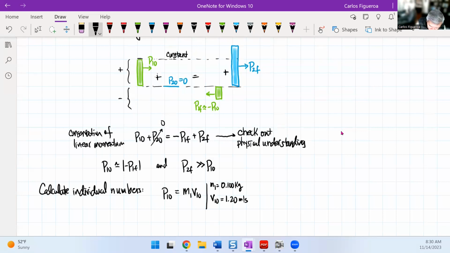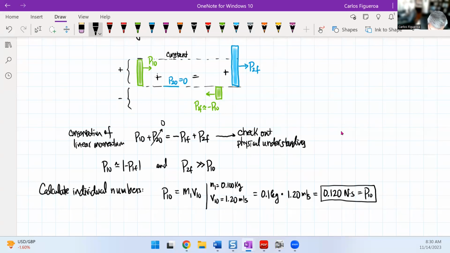So if I calculate that, I get 0.1 kilograms times 1.20 meters per second. This will then give me 0.120 newton seconds, and this is the initial momentum right there.